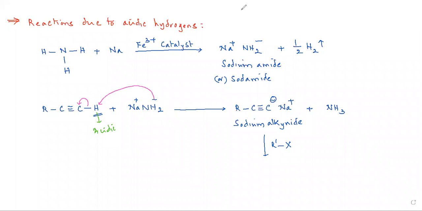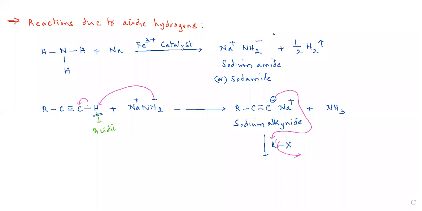When this is treated further with an alkyl halide with a different alkyl group, depending on the number of carbon atoms that you require in the higher alkyne, the C minus attacks and the X minus goes out.